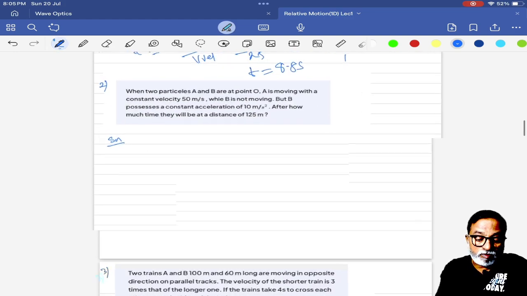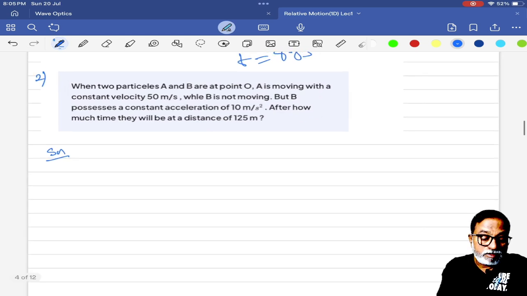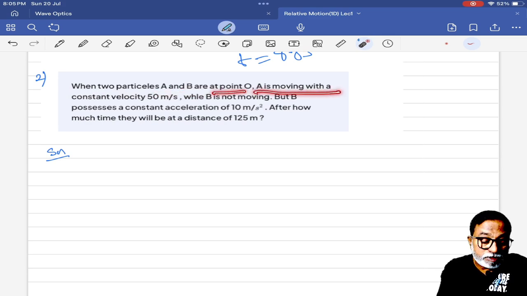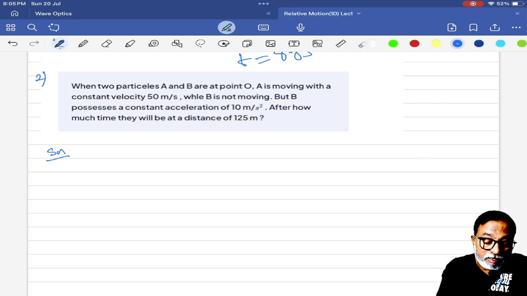Like that, another problem. So, two particles A and B are at point O, A is moving with constant velocity 50 meter per second and B is not moving, but B possesses a constant acceleration 10 meter per second square. After how much time they will be at a distance of 125 meters? For example, here initial velocity of A with respect to B, UA minus UB.